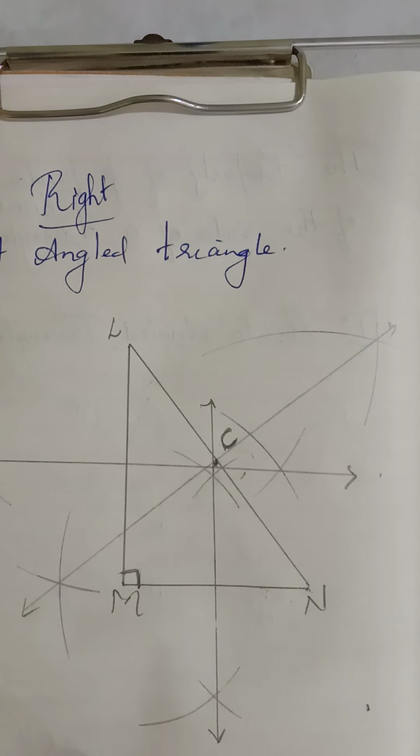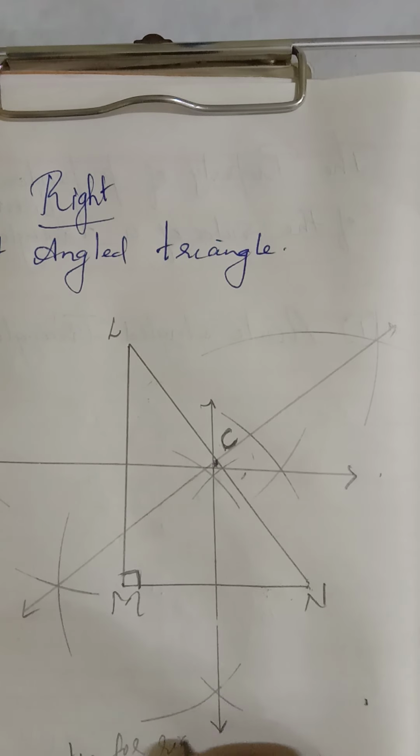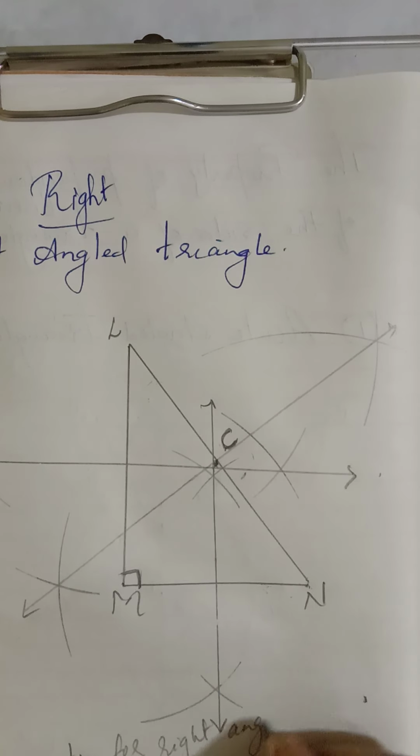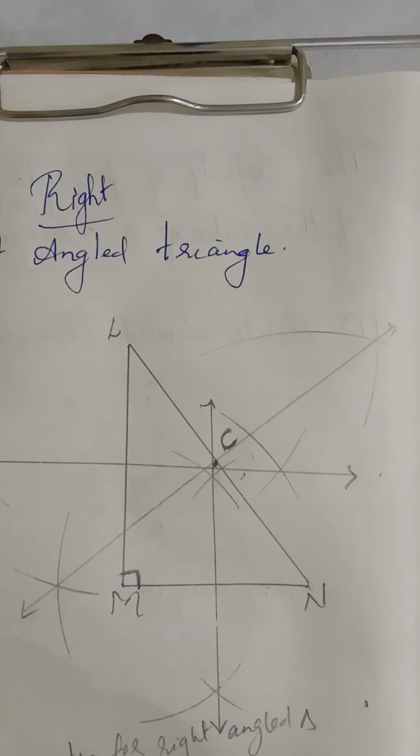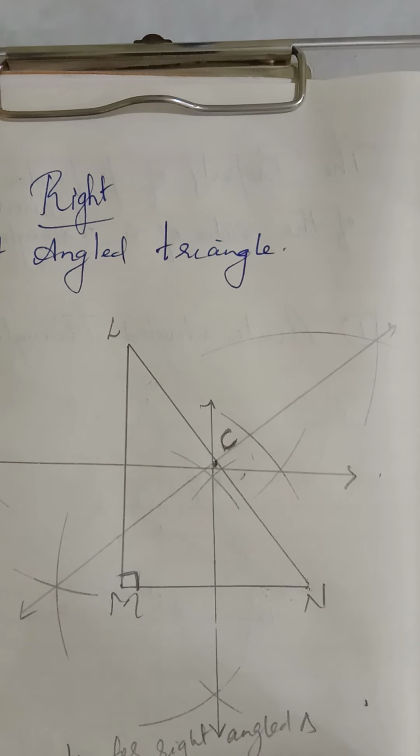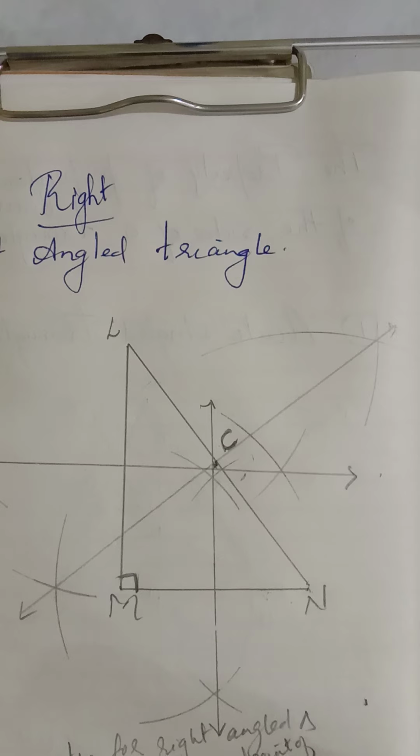So you will write here: circumcenter for right angle triangle lies on the hypotenuse, on the midpoint of the hypotenuse.